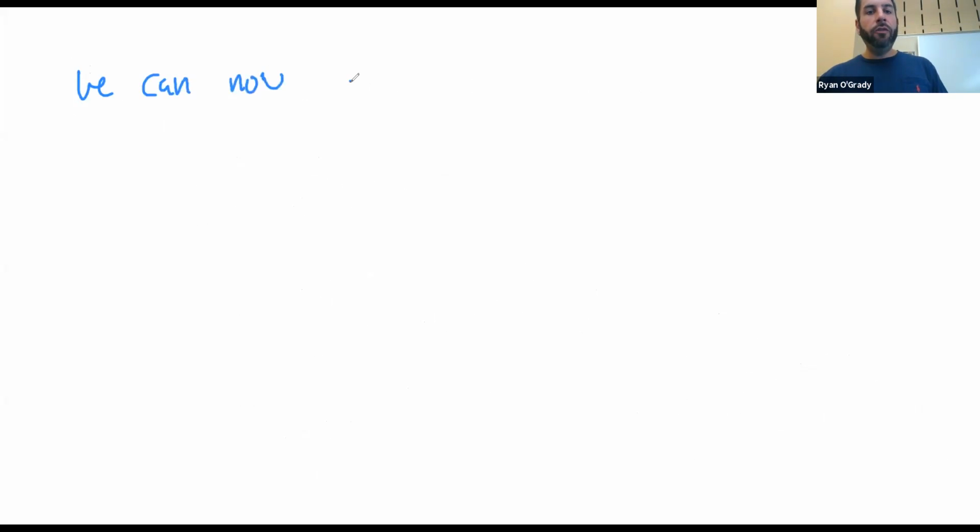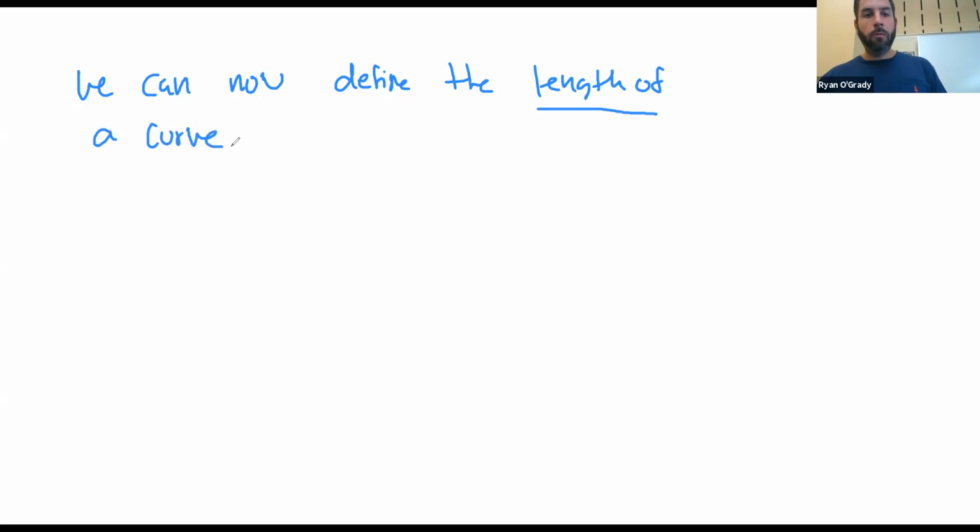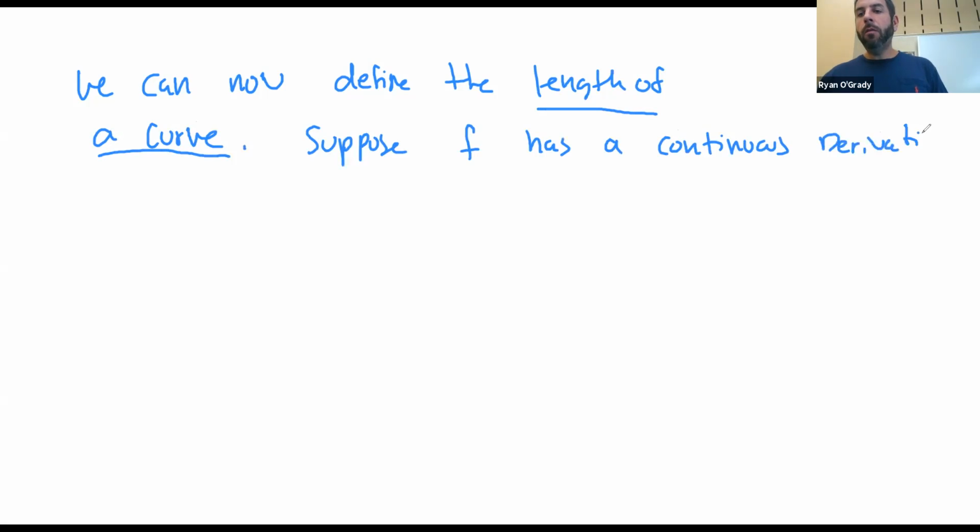And so we can now define the length of a curve. So suppose f has a continuous derivative. And by the way, you need that continuous derivative nonsense for that argument to work.